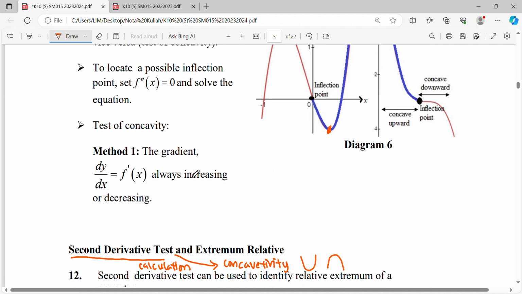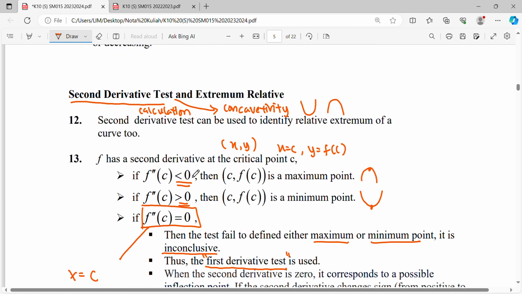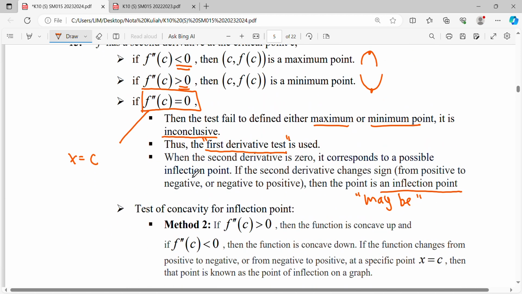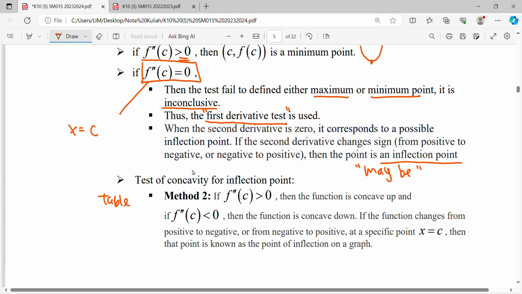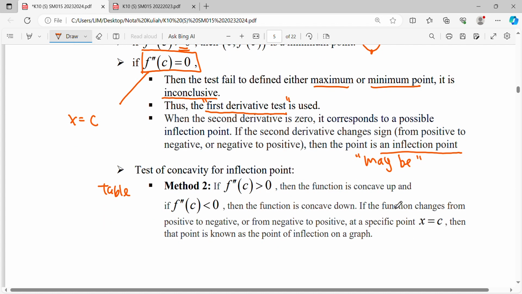If you are using the concavity test, the second derivative test, we have to use a table to identify the intervals. Let's say this is x equals c. We have to identify before c, less than c, and after c, more than c, whether the curve is concave upward or concave downward.